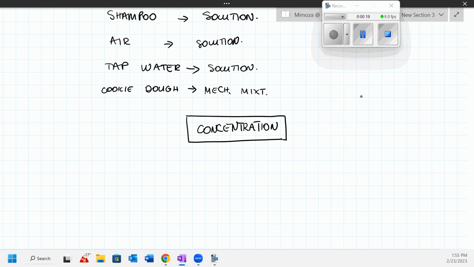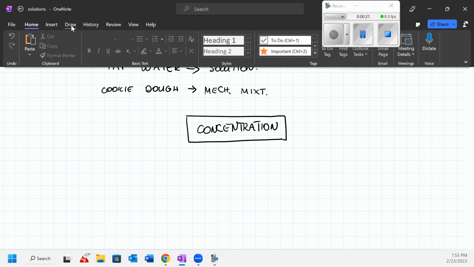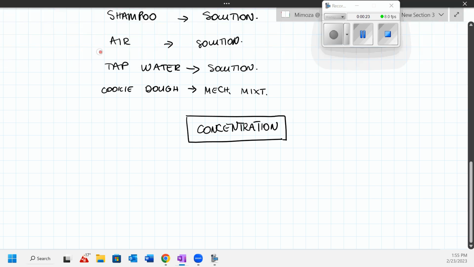The concentration is usually written with square brackets. When we are saying the concentration of salt, inside those square brackets we write salt. When we are saying the concentration of sugar, we write sugar.